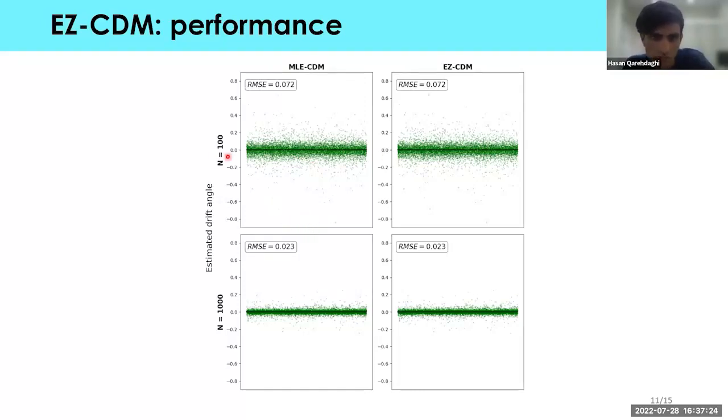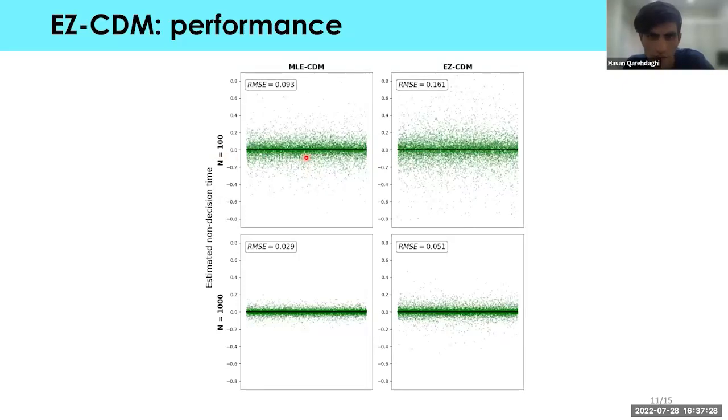So again, the performance is satisfactory, and this is for the non-decision time. Again, no need to vary the data generating value of non-decision time. The variability is a bit higher in the EZ-CDM.